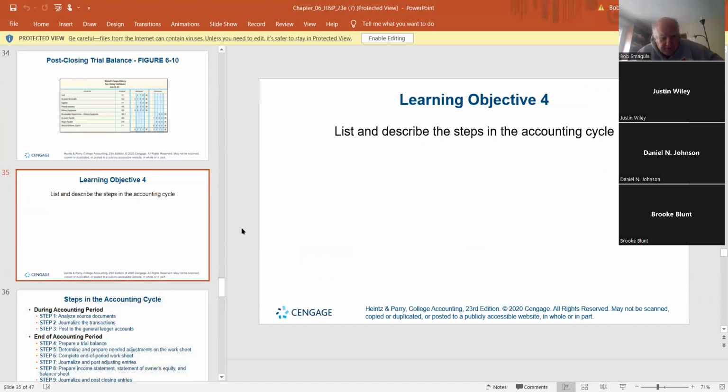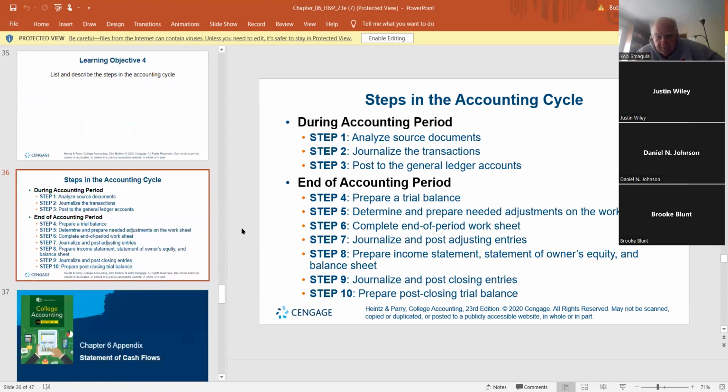Steps in the accounting cycle. Well, we've kind of gone over this a little bit, but what do we do during the month? We get source documents, we get pieces of paper, we get emails, we get texts, we get memos, we get notes of conversations, anything.